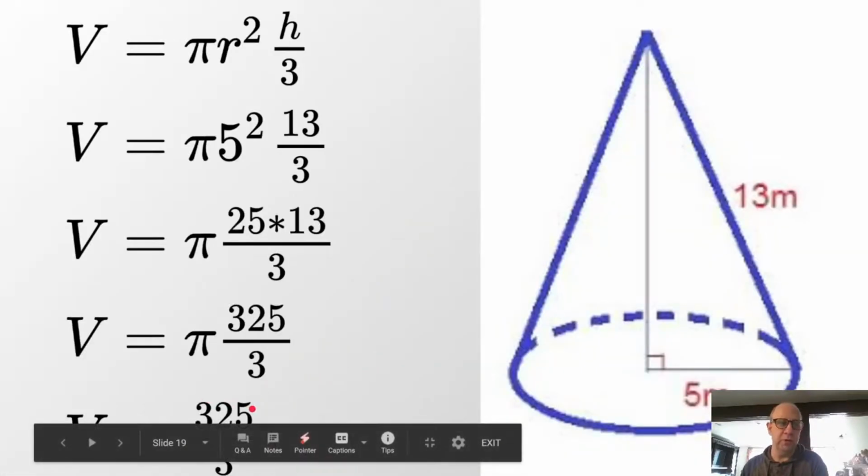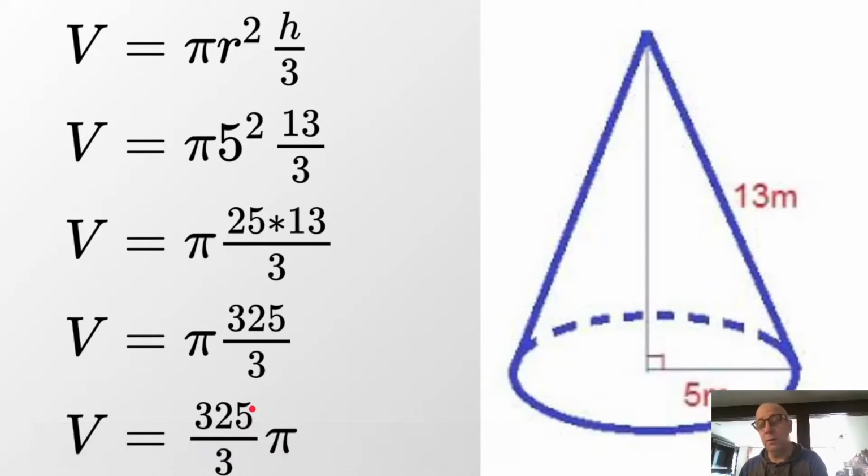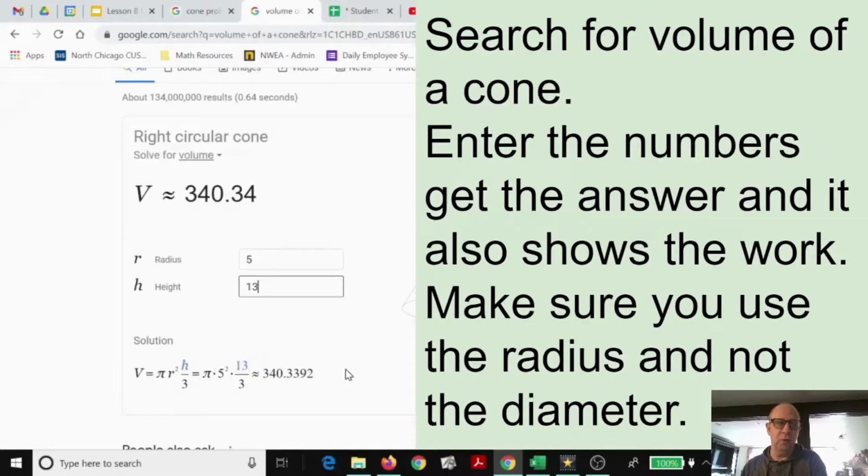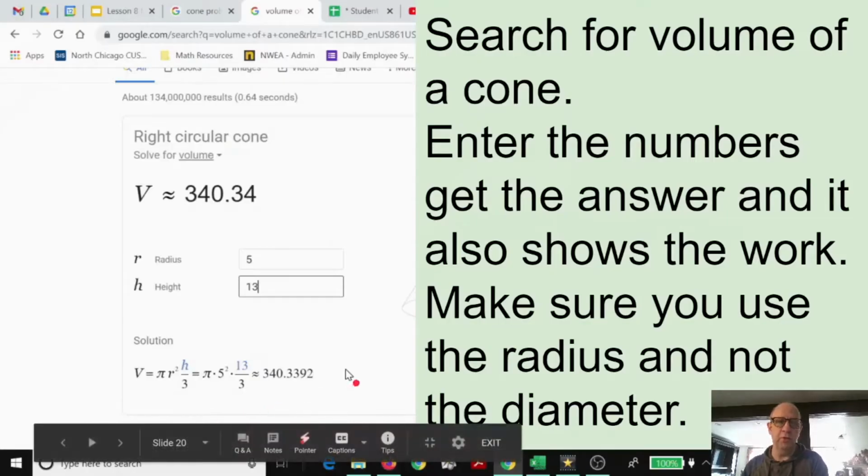Notice we had 325 divided by 3 times 3.14. So when you multiply by 3 and then divide by 3, it kind of cancels it out. So it's basically 325 times 3.14, which gives you 340.